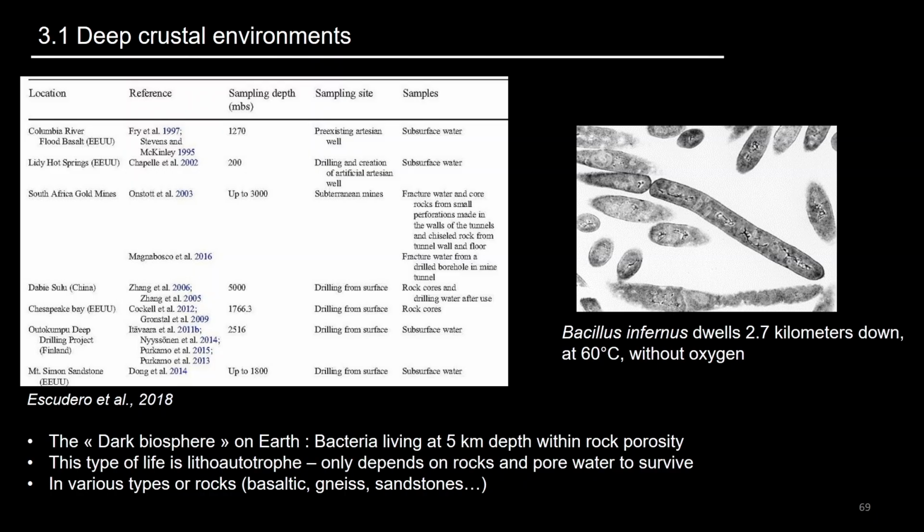And I'm sure that yesterday Isabel showed some of the work going on with deep biospheres, the dark biosphere on Earth, which is all bacteria living at depth, I think down to 5 kilometers. I don't know if that has progressed in recent years, but it seems life is everywhere below the ground.